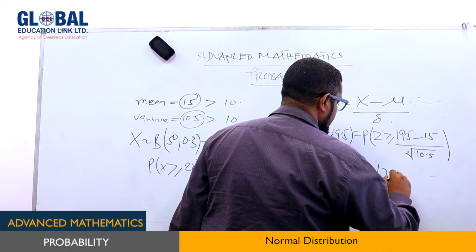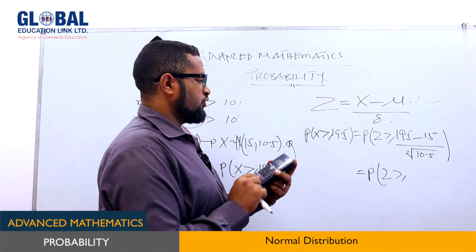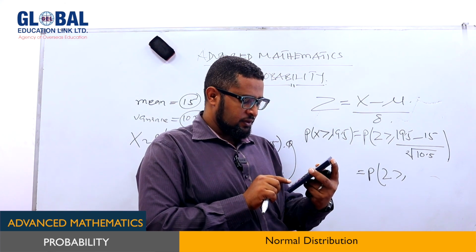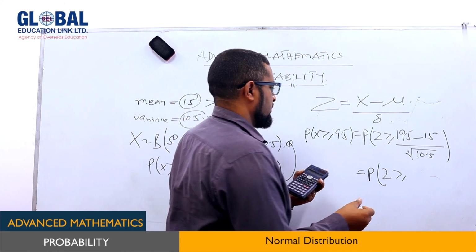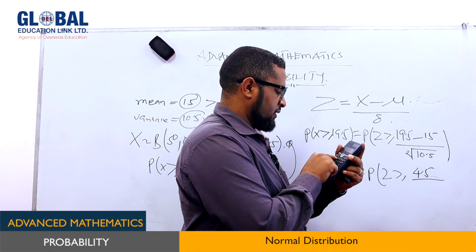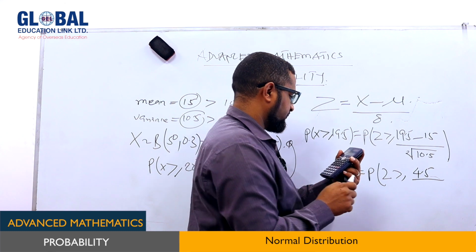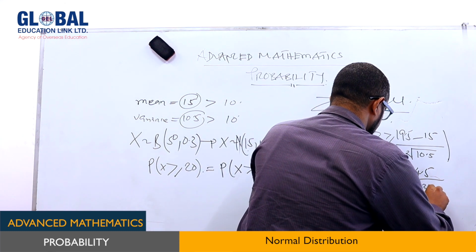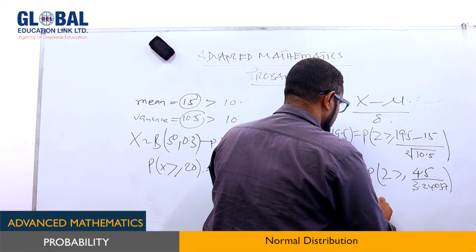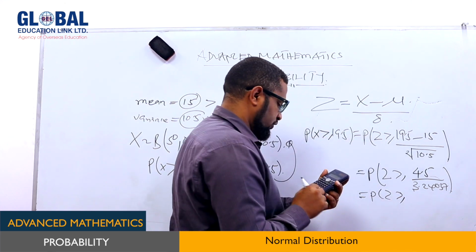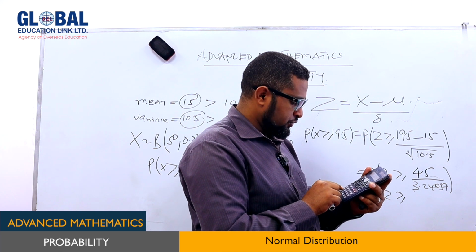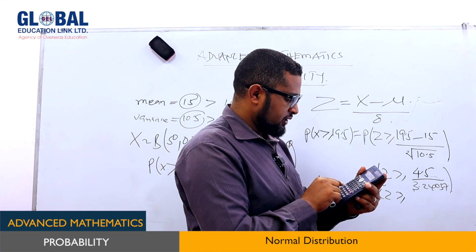So the probability of z greater than or equal to, use your calculator, 19.5 minus 15, you get 4.5, divided by the root of 10.5, which is 3.24037. Then, z greater than or equal to 4.5 divided by 3.24037.